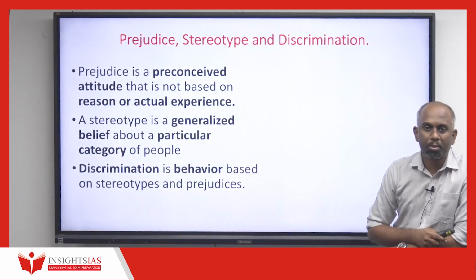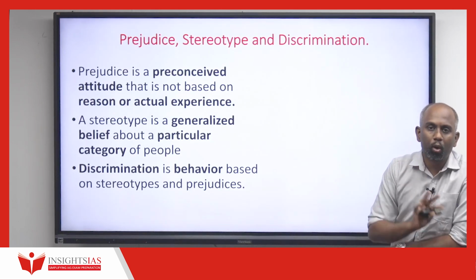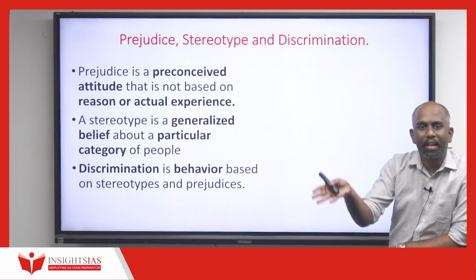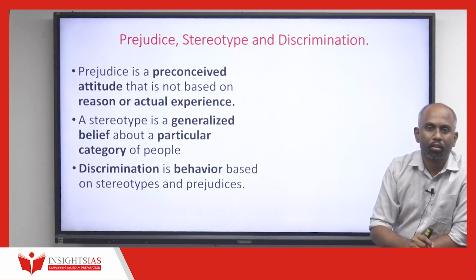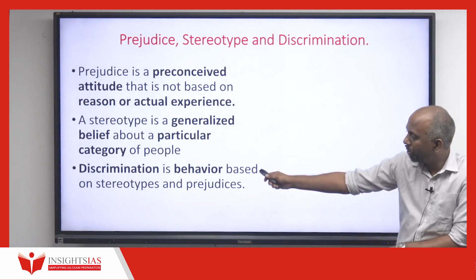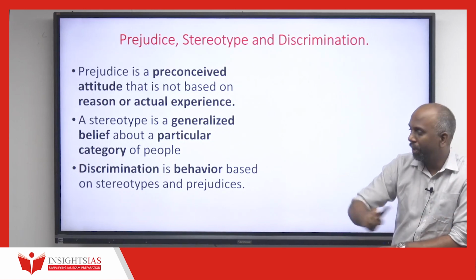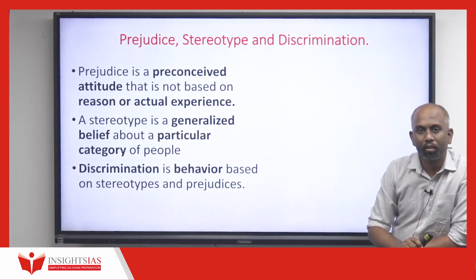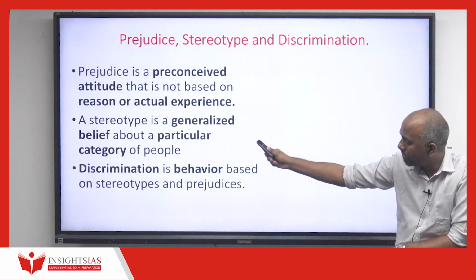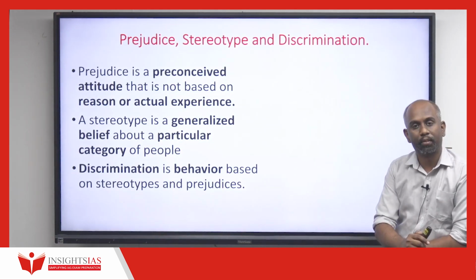Now, based on this prejudice, sometimes you tend to allocate a generalized behavior or pattern to a set of people belonging to a group. When you do that, that becomes a stereotype. What is a stereotype? A stereotype is a generalized belief about a particular category of people.